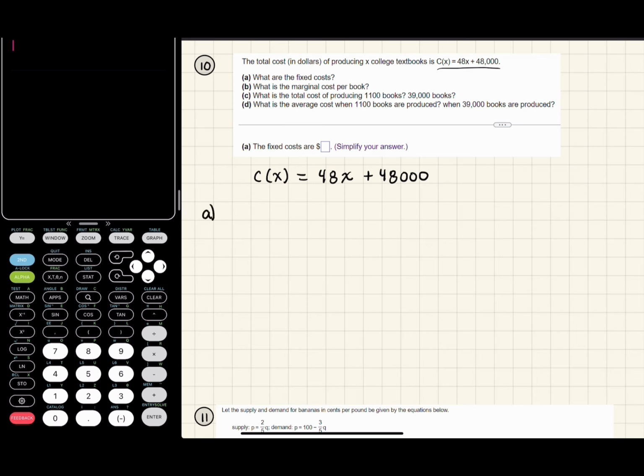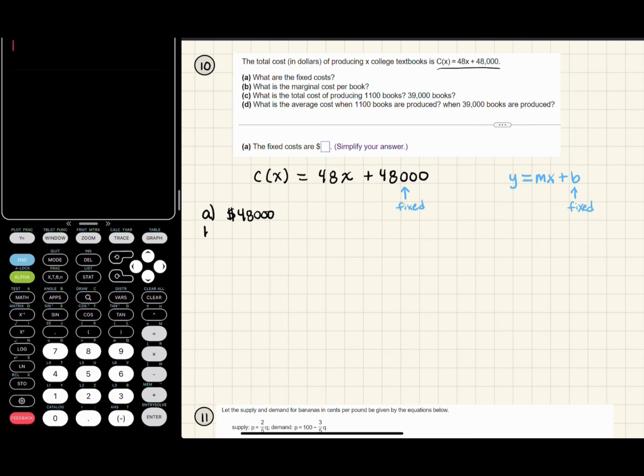So if we remember from the slope formula, y equals mx plus b, the fixed cost is right here, that's b. And if we compare that to our cost function, that would be this guy right here. So our fixed costs are $48,000.